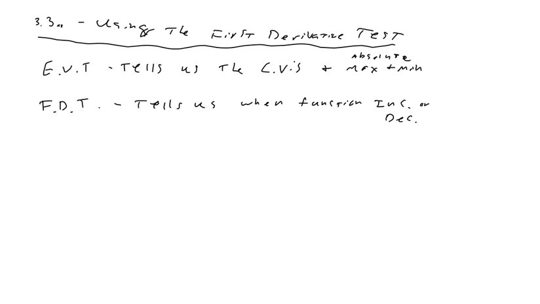So in the extreme value theorem, you plug into f of x. In the first derivative test, you plug into f prime. The first derivative test tells you what is happening with the maxes and with the increasing and decreasing.